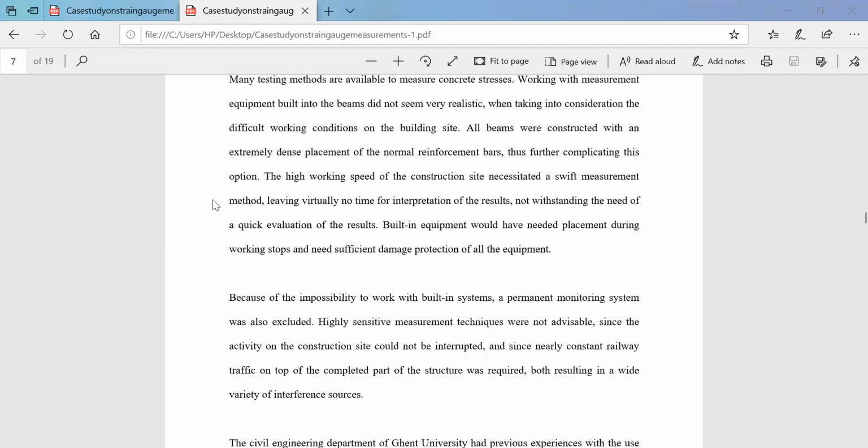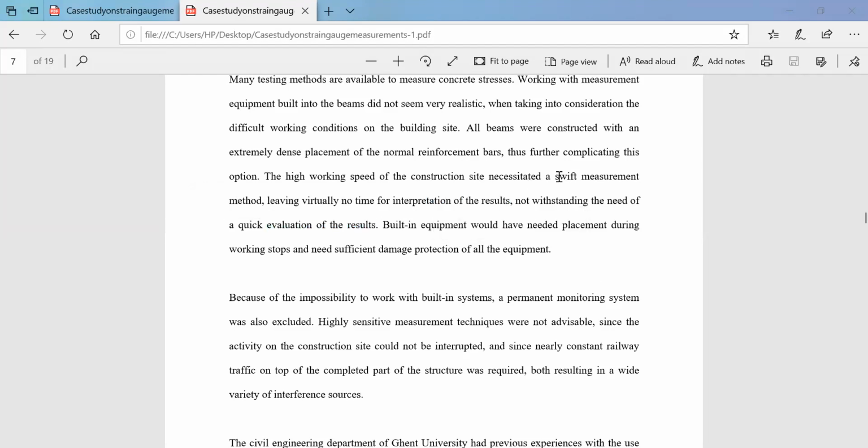So what do you call the swift measuring method? This provides the concept of measurement virtually with less time, which can interpret the results notwithstanding the need for evaluation of the results. It provides a quick, readable interpretation of the results rather than an evaluation of the result, because that takes time, right?